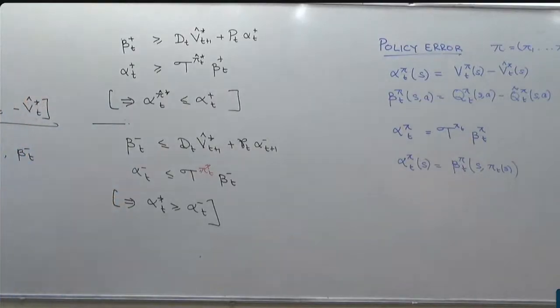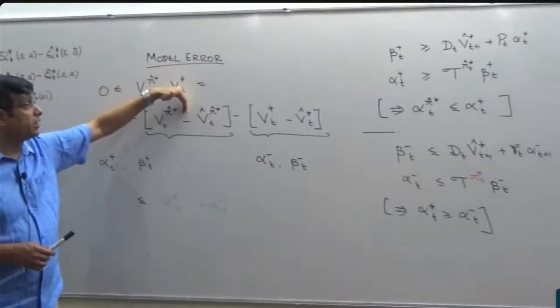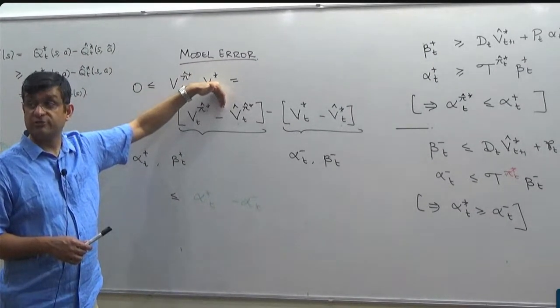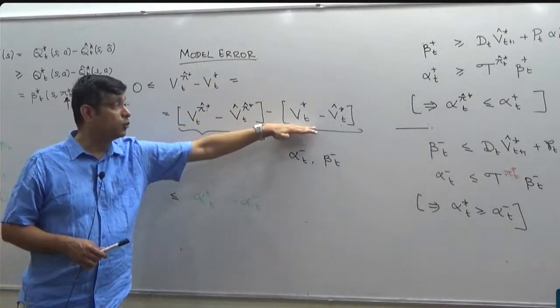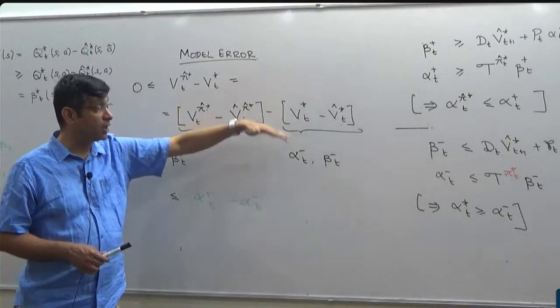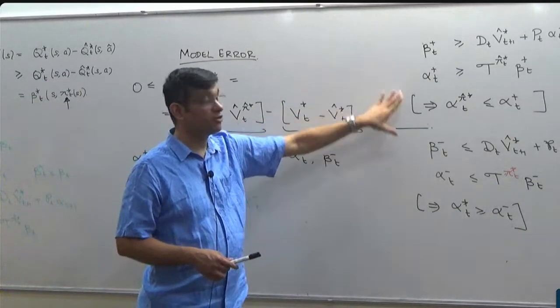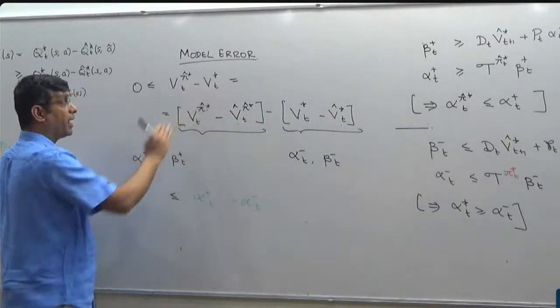This was the biggest source of error in the previous analysis, the triangle inequality that I was using in the model error setup, and that has gone. I do not have a good way of bounding this, but I have some expressions which will give me some type of bound on my model error.